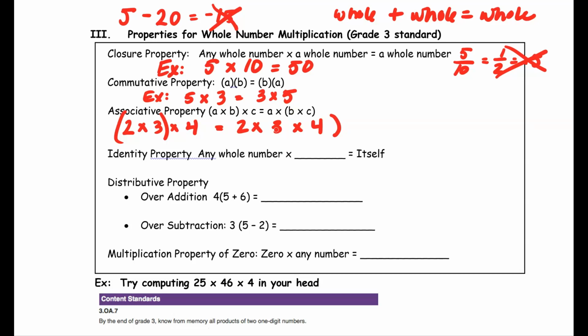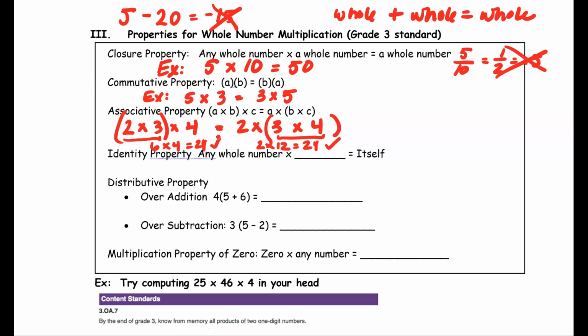Whoops, I should have put that around the 3. So this means we do the 2 times 3 first, so we get 6 times 4, which is 24. This means we do 3 and 4 first, so we get 2 times 12. We also get 24. Okay, so slightly different order, but the same answer. So we're allowed to move parentheses with strictly multiplication, and we're allowed to switch the order of multiplication.